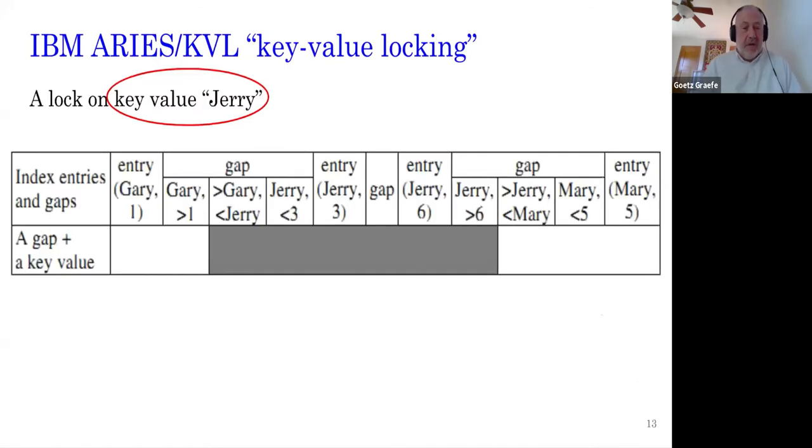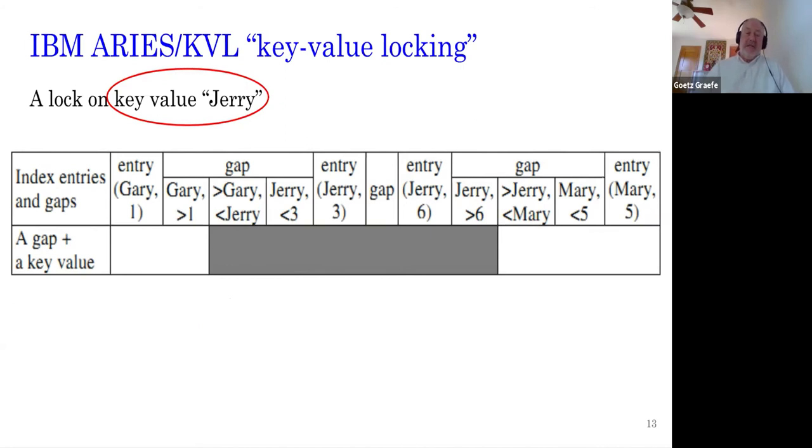Maybe this is a better way to understand ARIES key value locking. The lock size, when you lock a key value, you lock all key values that exist for this key value, the index entries that exist for this key value, but you also lock all Jerry's that don't exist. So if somebody locks key value Jerry, that means nobody can either delete or insert any of the existing or the non-existing Jerry's.